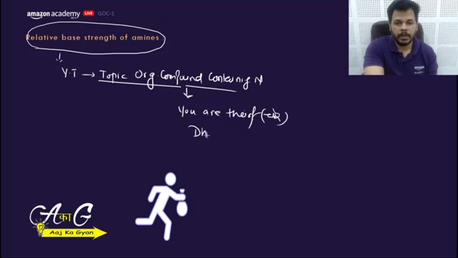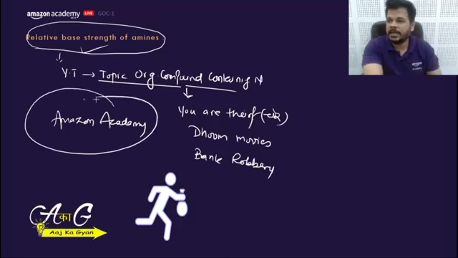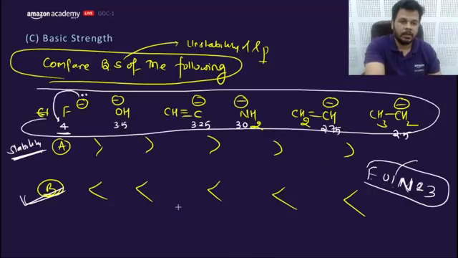It has the Dhoom movie involved in it, it has bank robbery involved in it, to remember the relative basic strength of amines. Go and check. The channel name is Amazon Academy only. Go and check the YouTube channel of Amazon Academy. Find this lecture, and at the start of this chapter you will get the relative basic strength trick.